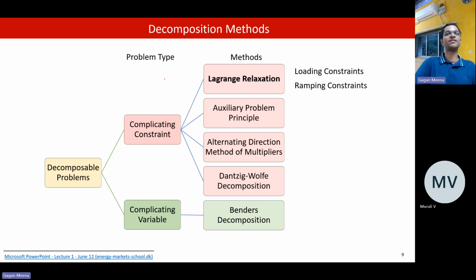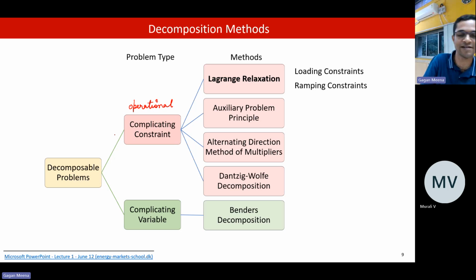So these are different methods. Those problems which have decomposable structure are of two types. One operational problem falls in this first category, where we have a complicating constraint.